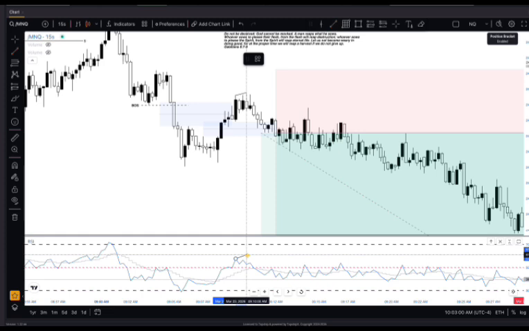Two, we see a large continuation in price. Not only that, but this large continuation of price, it helps if it leaves fair value gaps and a break of structure. This helps with the clarity of how we're gonna take our trade and in what direction.